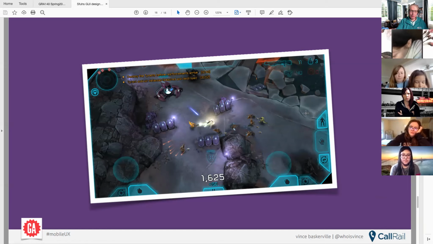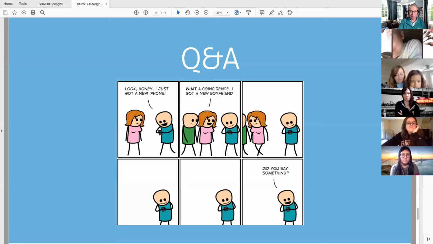And I wonder if this has a left-handed versus a right-handed mode, because that would be something else on this one. If you have better dexterity with your left hand than your right, maybe these buttons should switch over to that side. So it's one of the settings in the master settings.